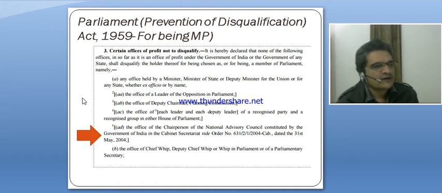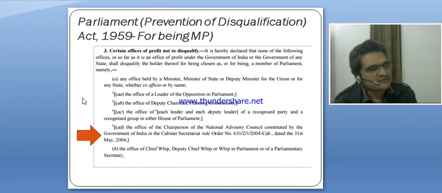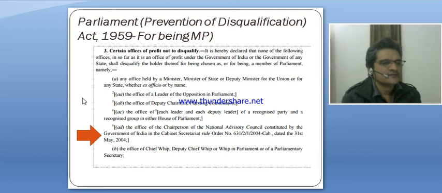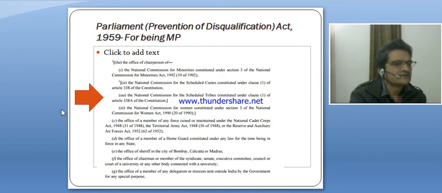So this is an act of the union government in accordance with that provision of the constitution, and under Section 3 you can see there are offices which have been declared as not to be an office of profit. You can see that in May 2004 the office of chairperson of the National Advisory Council was also added as an office not to be considered an office of profit. In fact, certain other offices were also added earlier.